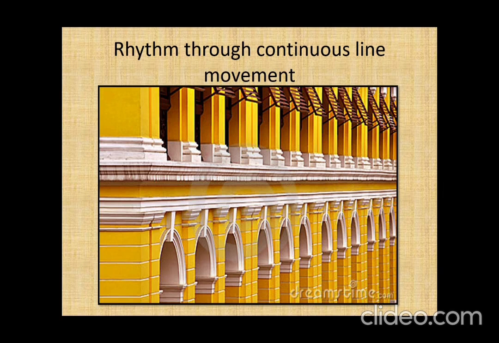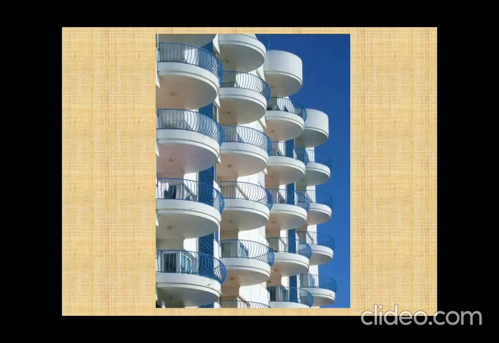And in interiors, in architecture, you can see a continuous line, that too a curved line only, they are using. See how beautifully the architect has made this. Here also, usually in any apartment, you can see the curved lines used in the architecture.